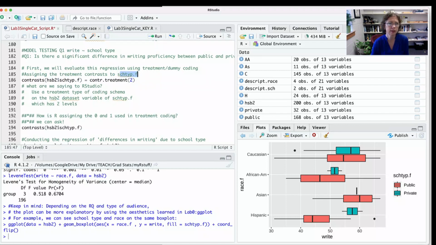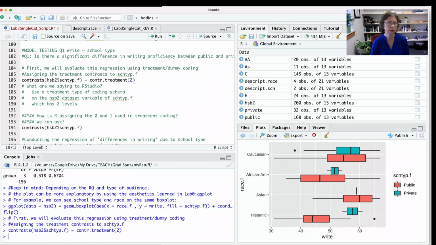So this says using the treatment type of coding schema on the HSB2 dataset and the variable school type factor, and it has 2 levels. So that's what this whole line says.